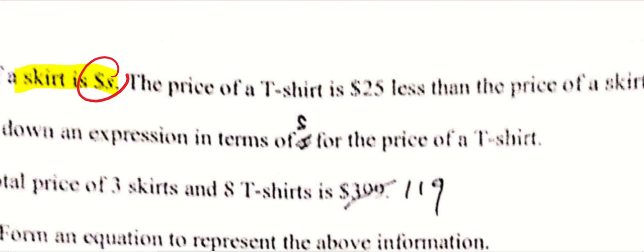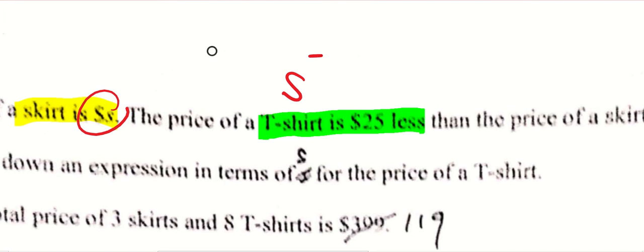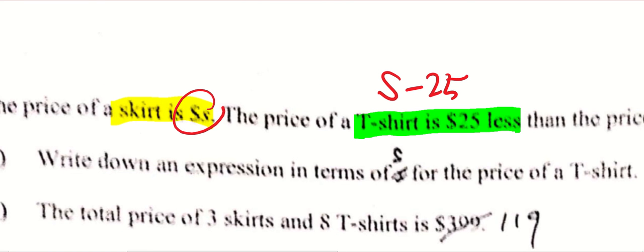The price of a t-shirt is 25 less than the price of a skirt. So $25 less. The t-shirt is $25 less. So what is the price? If the price of a skirt is S dollars, 25 less means minus 25. It is that simple. If I tell you instead of S, the price of a skirt is $50 and the t-shirt is $25 less, will you know how to do it?